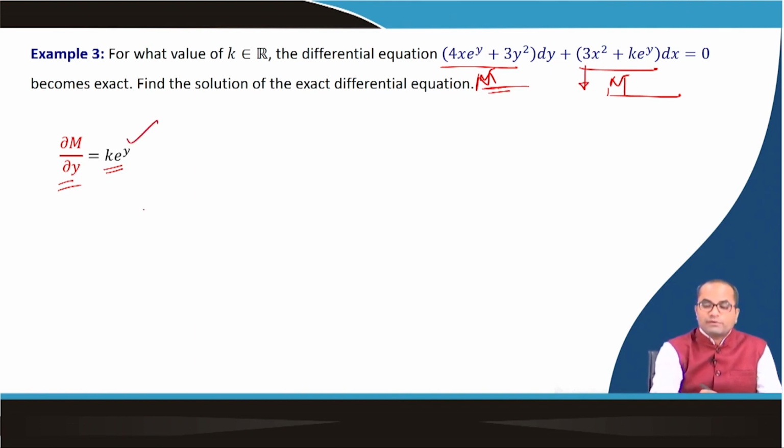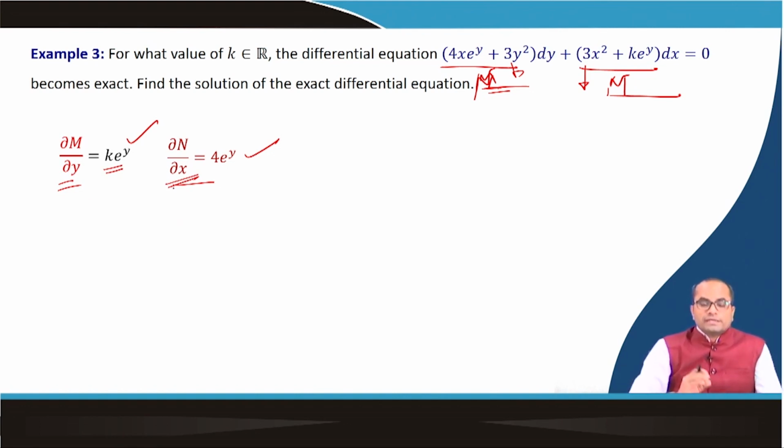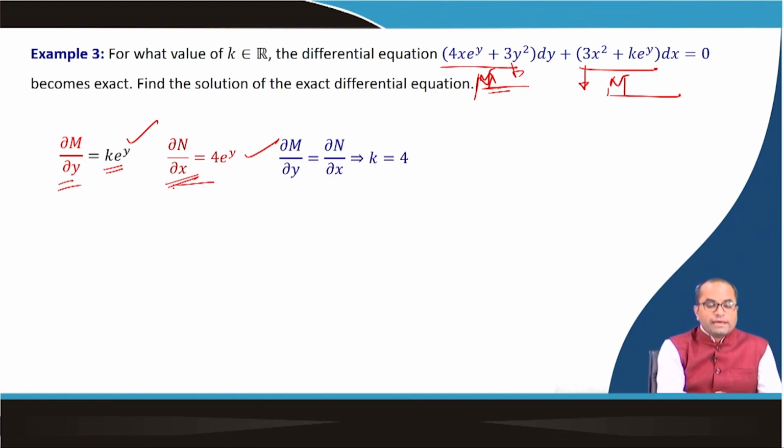So, we have k e power y, whereas del N over del x will be 4 e power y, and this will be 0 because this is y and we are computing here with respect to x. Now, these two must be equal for the equation to be exact, and that means this k must be 4.